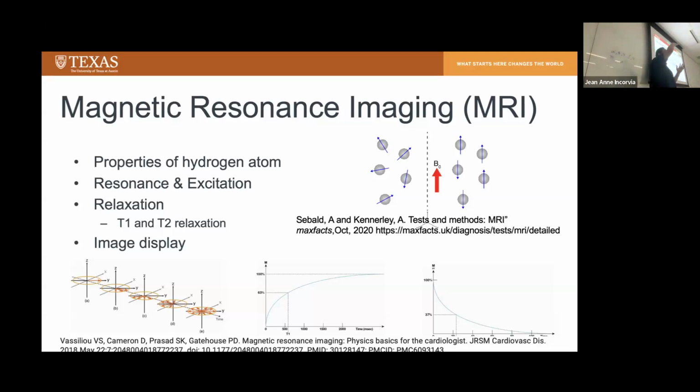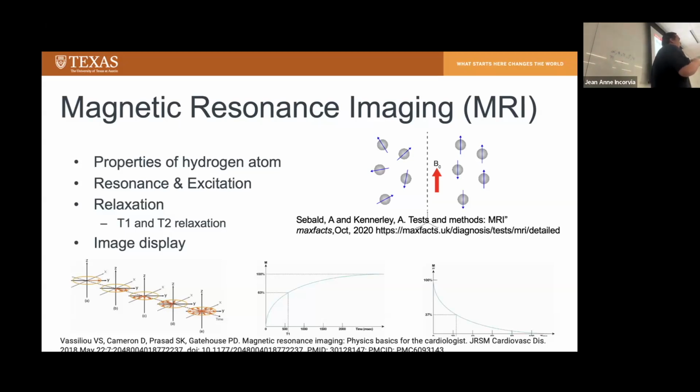When you have a strong magnetic field, it brings them up to the top and points at it, basically. When you introduce that and then introduce an RF pulse, it basically turns the magnetic field perpendicularly. And essentially, when the pulse is emitted, it wants to go back to its initial state.